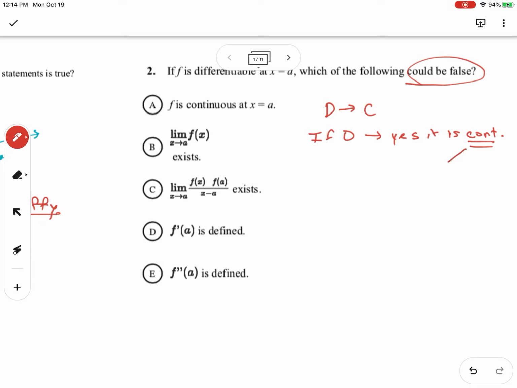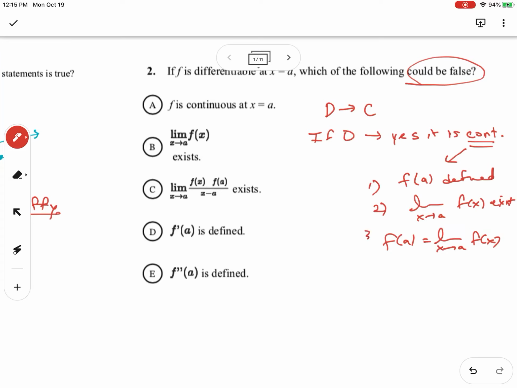And that implication is very helpful for me, because for continuity there are 3 things: f of a is defined, the limit as x goes to a of f of x exists, and they have to be equal to each other. So these are my 3 conditions for continuity.